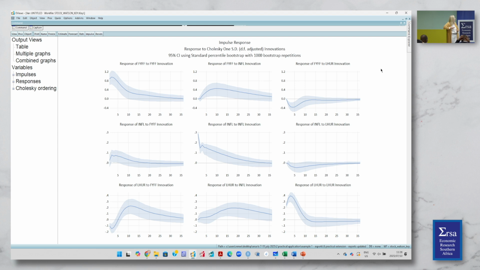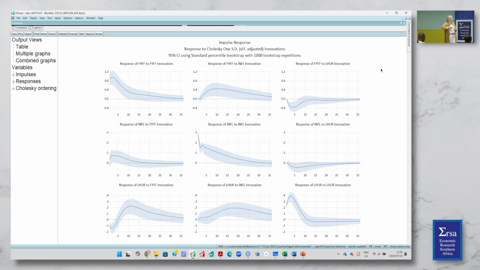But let's see how we read it. On the diagonal, it's just how the federal fund rate responds to changes in its own past. And typically on the diagonal, we will always see a very autoregressive pattern, so we're not so much interested in those.